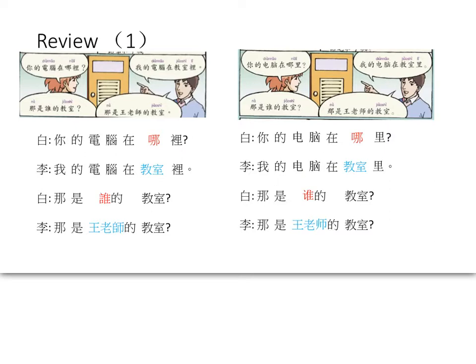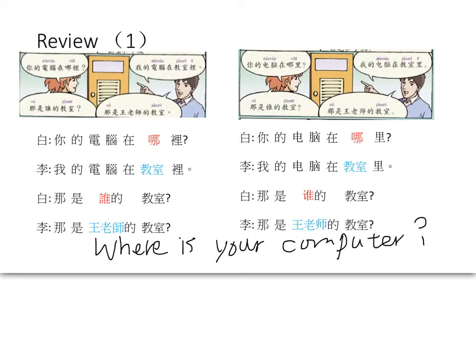I would like to quickly remind you in English when you say, where is your computer? But how would you say it in Mandarin? So you want to say it in the word order that you would say in the statement. So the whole thing will be your computer is where?